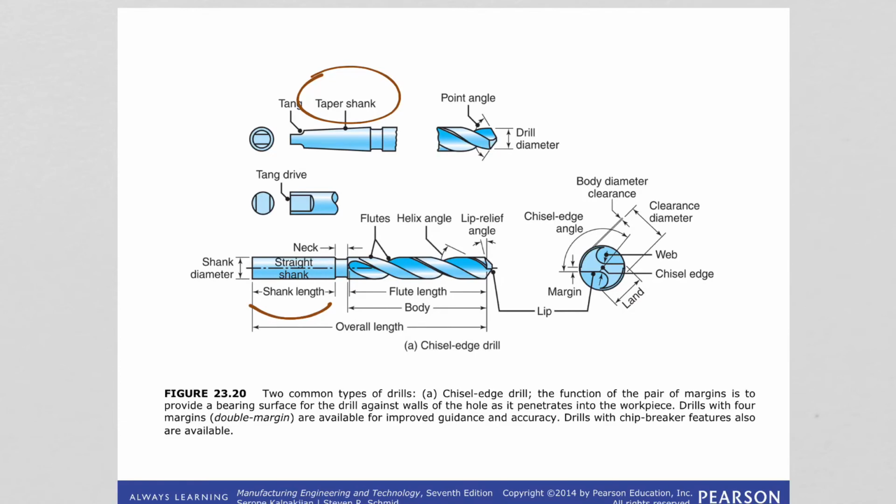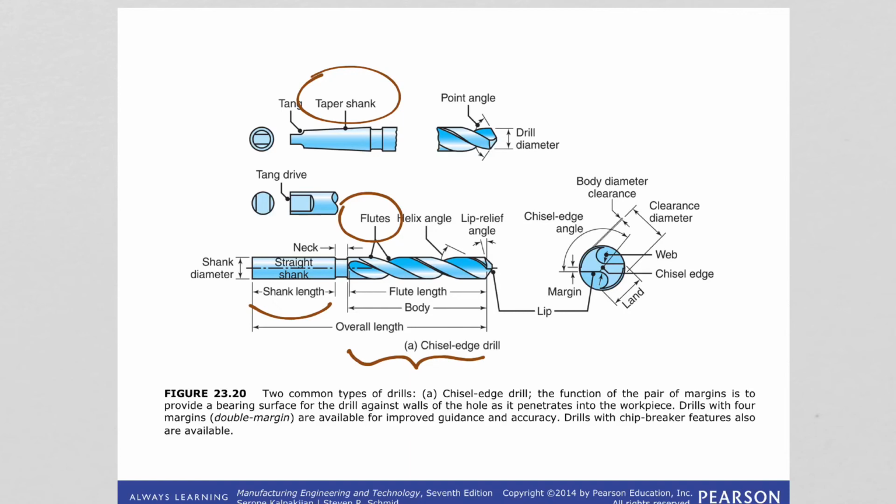We also see the body. It is the portion between the point and the shank. You see here flutes. These are 2 or more spiral grooves that run the length of the drill body, and they have some roles. If you watch the videos, it's explained clearly.